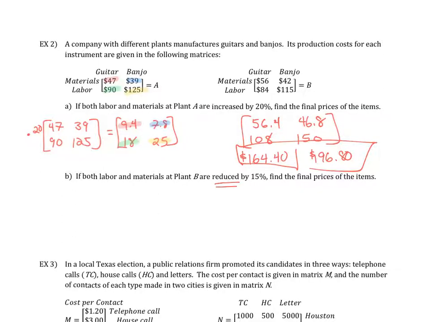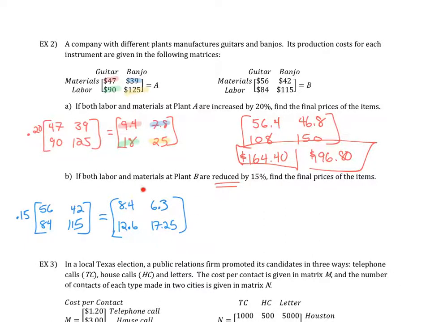We can multiply the matrix B by 0.15, and we can get a new matrix. And when you do that, you can see the amounts that the original materials and labor costs are decreased by. So this is how much we will take away from these amounts here.